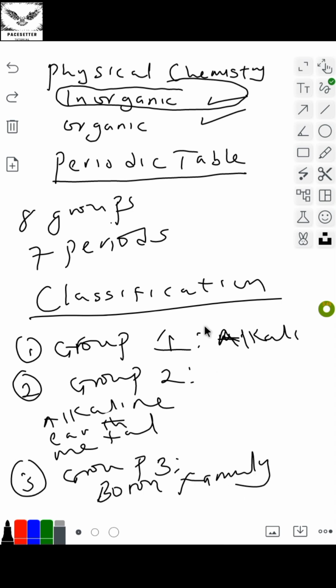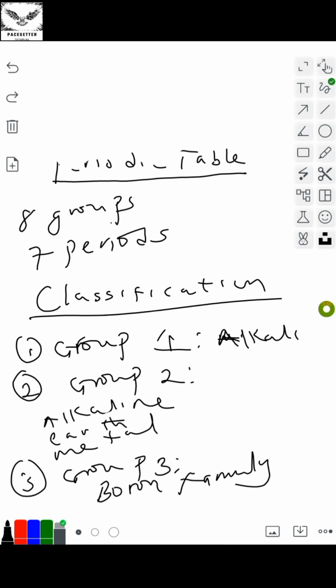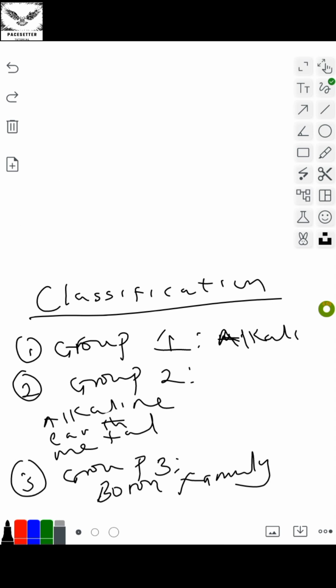And that takes us to the group 4 elements. For the group 4 elements, that's where you have the carbon family.